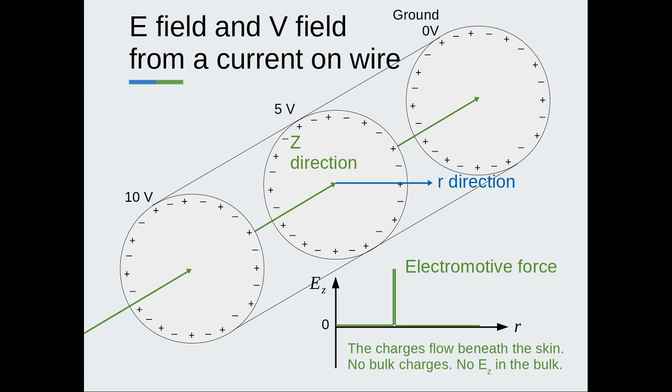But when you are talking about the electromotive force, you have to specify you are working on the electric field in the z direction. Z direction in this case is along the axis of your wire.